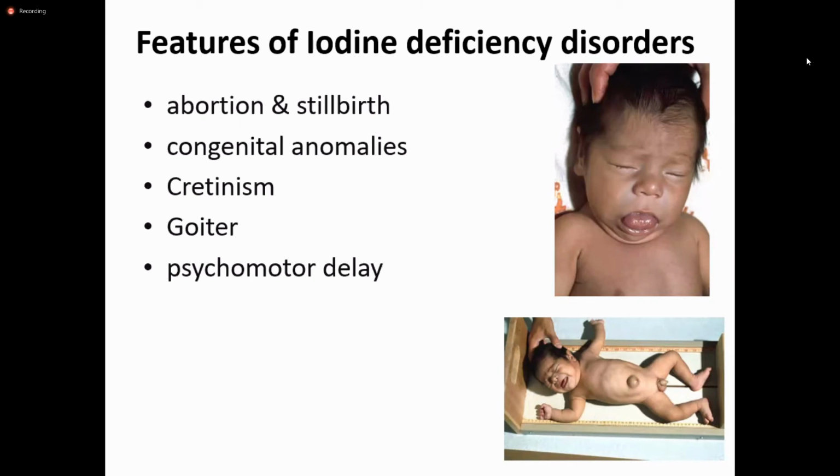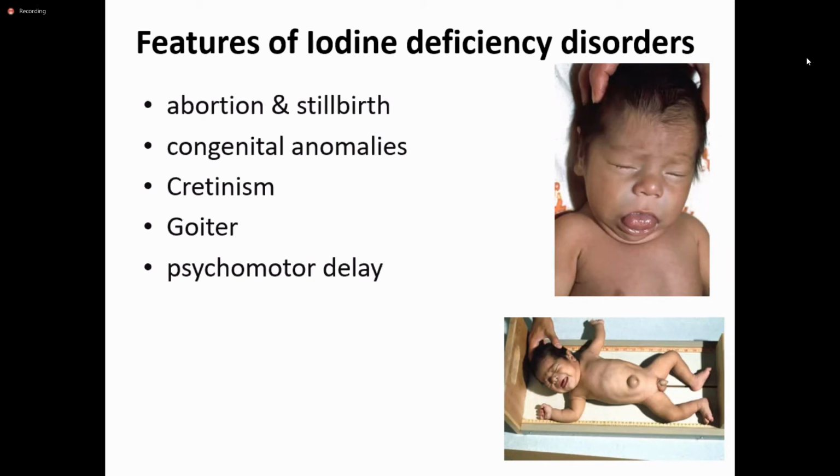And if the child is born, it can lead to cretinism, which is a mental retardation. There will be developmental delay. You see people who are slow, dull, deaf, and clumsy; maybe these are born because of intrauterine iodine deficiency.